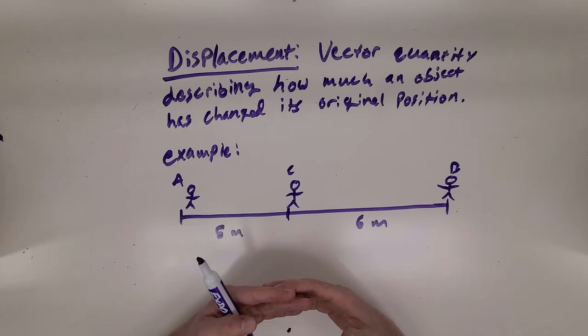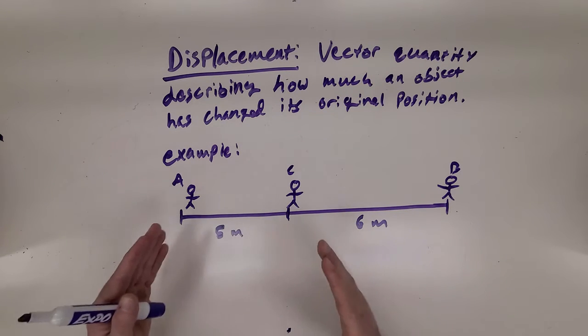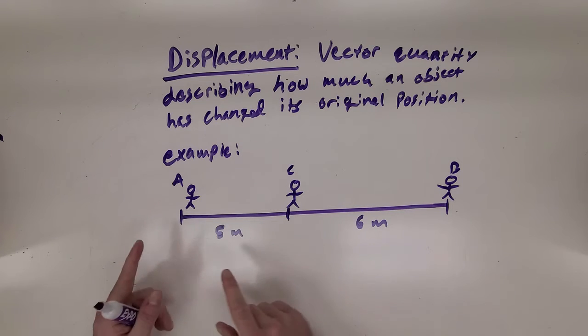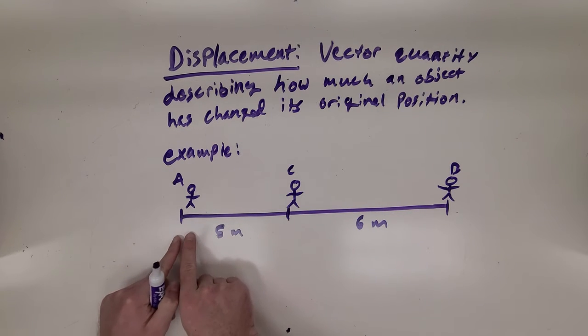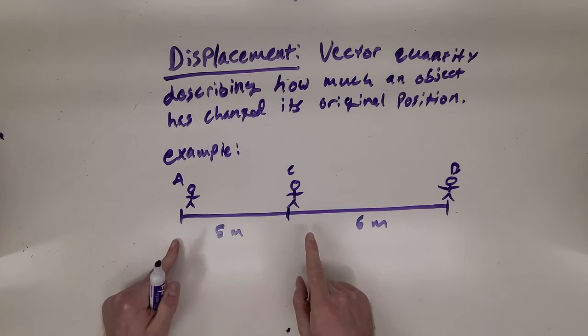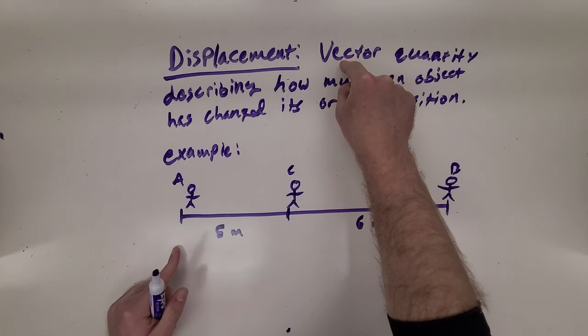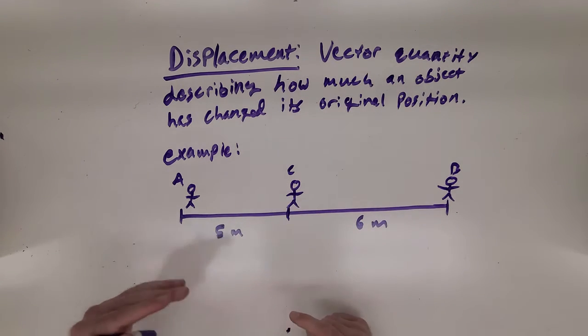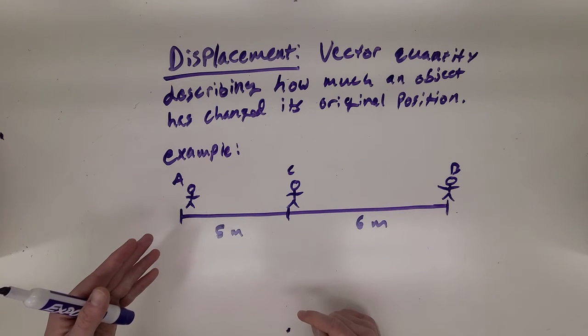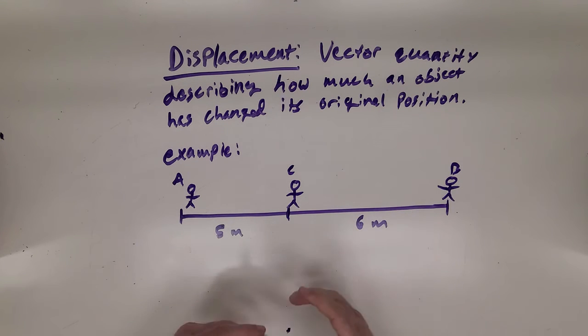So when we're talking about the motion of objects, it's not just this object covered a ground of 17 meters. It's this object moved from its original starting position in a particular direction. That's what makes a vector quantity different from a scalar quantity, and displacement different from distance, in that there's a direction involved.